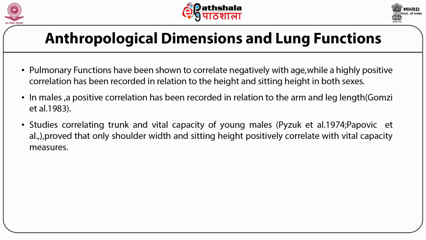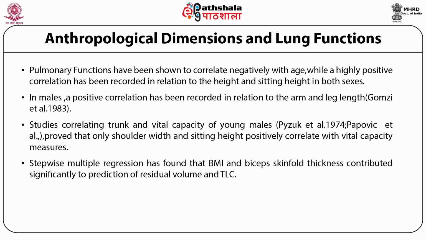The vital capacity has correlation with many other anthropometric dimensions and can be regarded as an indicator of body constitution type. A stepwise multiple regression has found that the body mass index and biceps skin fold thickness contribute significantly to the prediction of residual volume and total lung capacity.